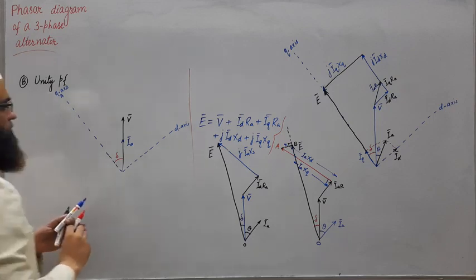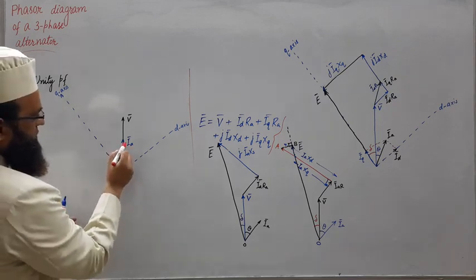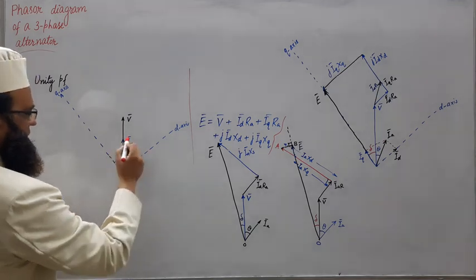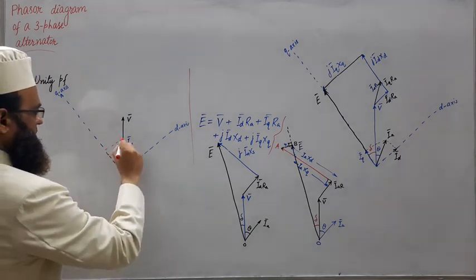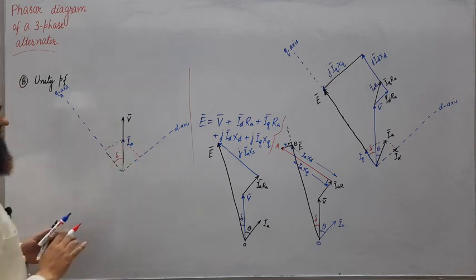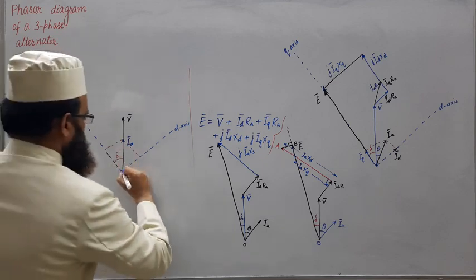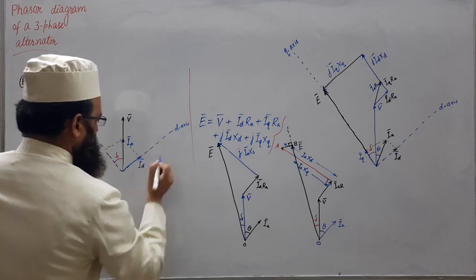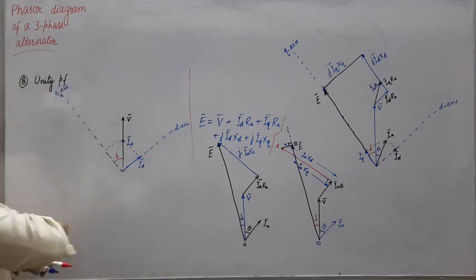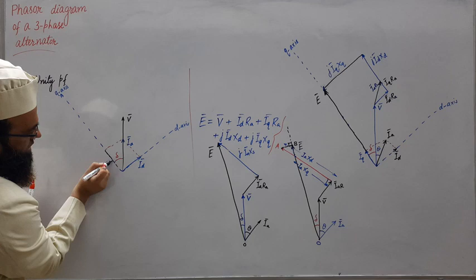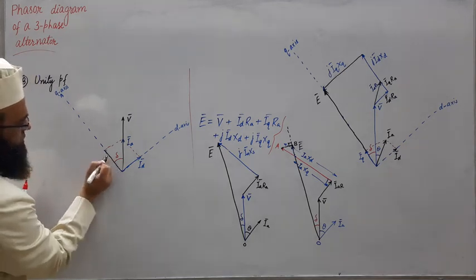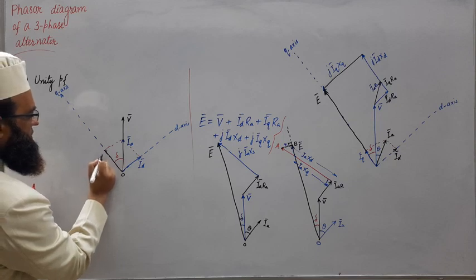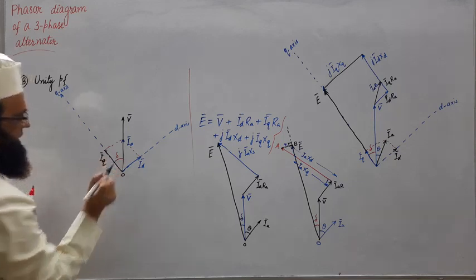So take the two components of IA, one along D axis and one along Q axis. So this will be ID and this will be IQ. Let us mark it O. This is IQ. Fine.